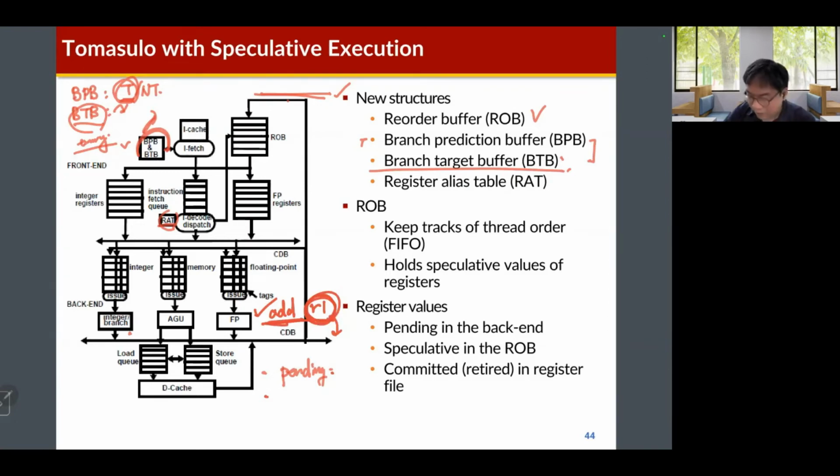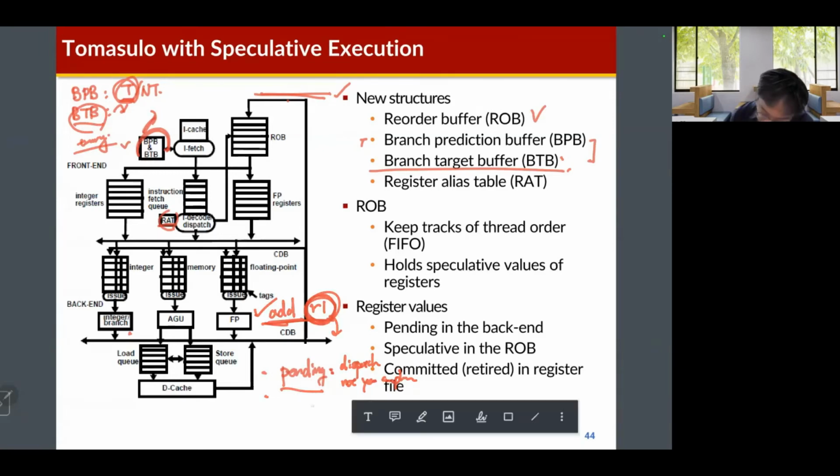The first possible state is pending. It means that the instruction is dispatched, but not yet completed. So what does that mean? The processor does not have data for this register. It should be calculated, it should be processed. So we don't know, it's unknown. It's a pending state. But if the execution is completed, then we can use this data.